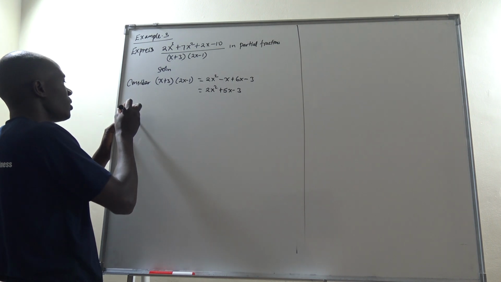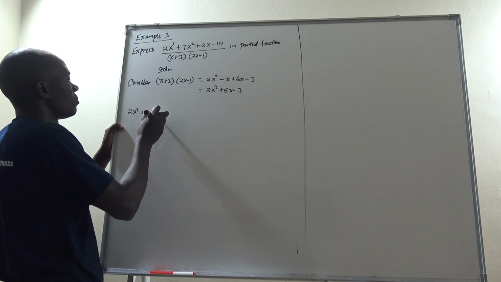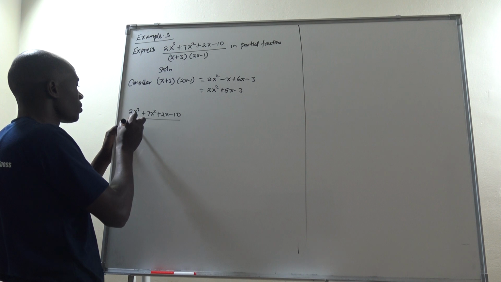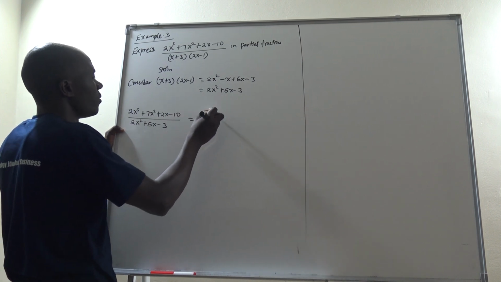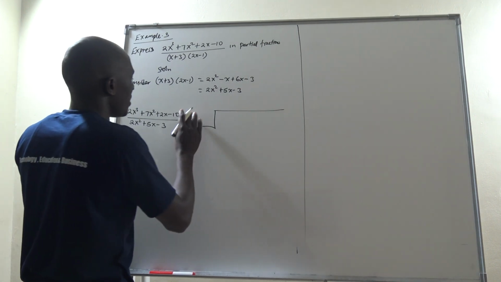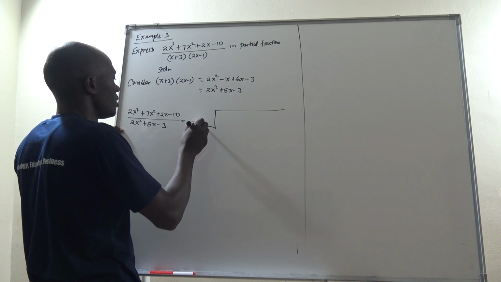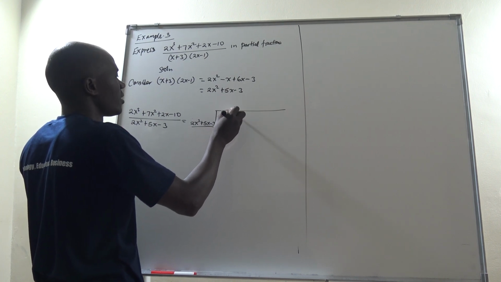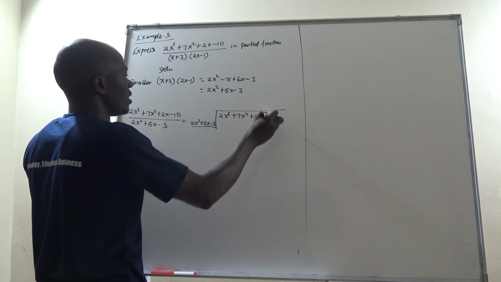So we are going to have 2x cubed plus 7x squared plus 2x minus 10 all over 2x squared plus 5x minus 3. We first change it to a proper fraction. Here we have 2x squared plus 5x minus 3, then 2x cubed plus 7x squared plus 2x minus 10.